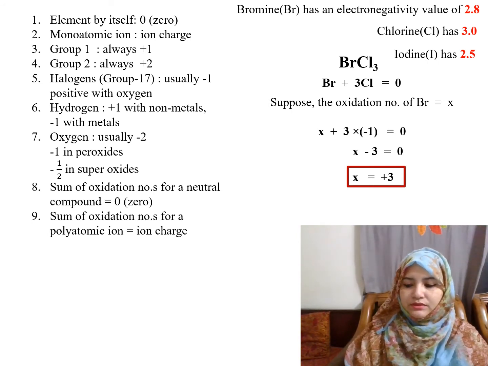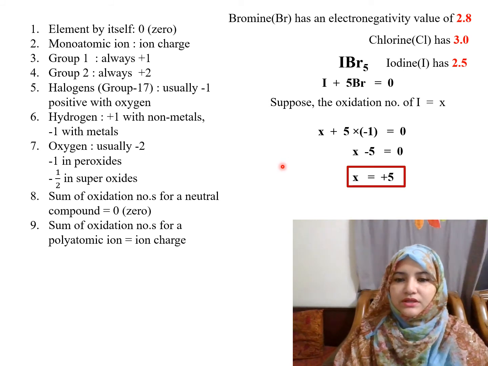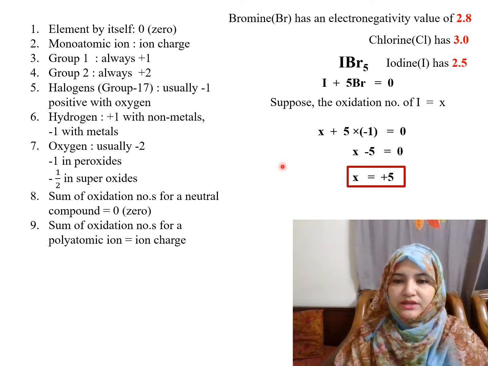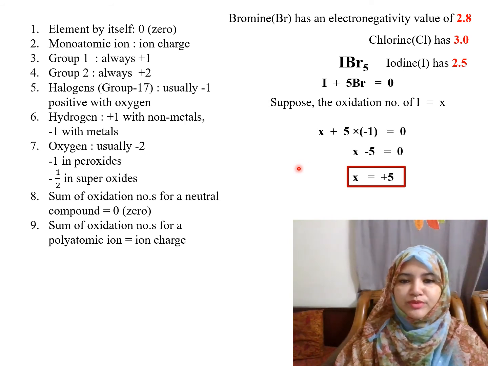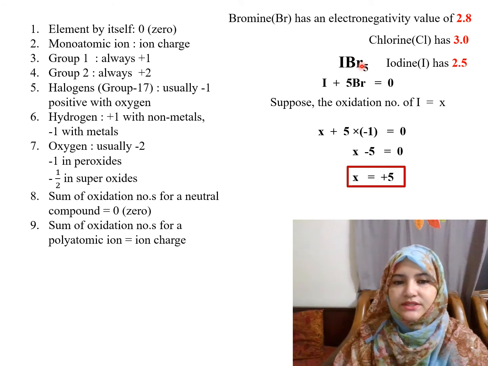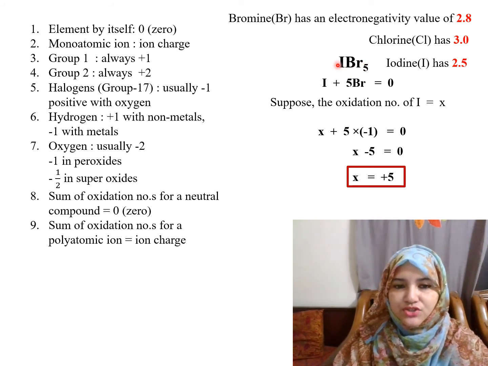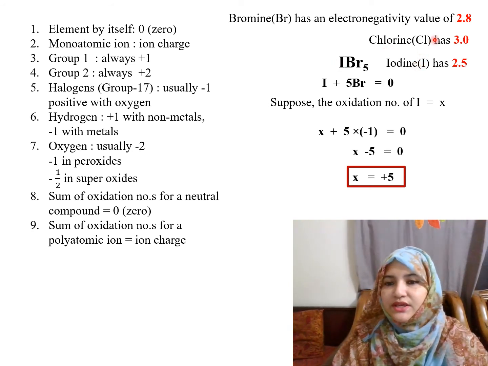Now our next example is iodine pentabromide. In this compound, bromine is going to carry the negative charge and iodine carries the positive charge, because iodine has less electronegativity than bromine.